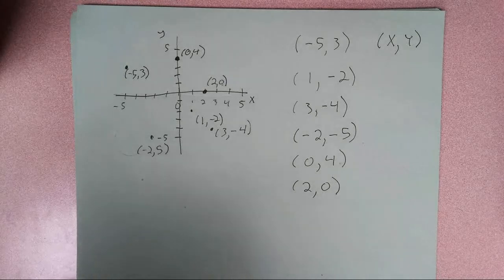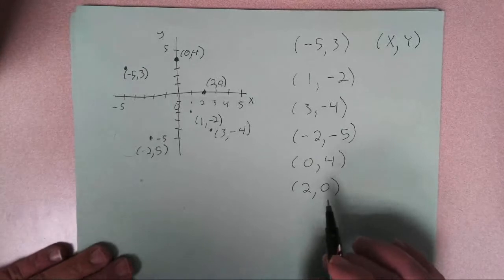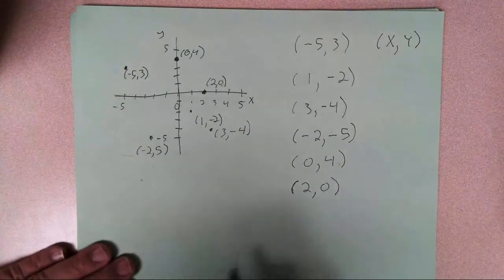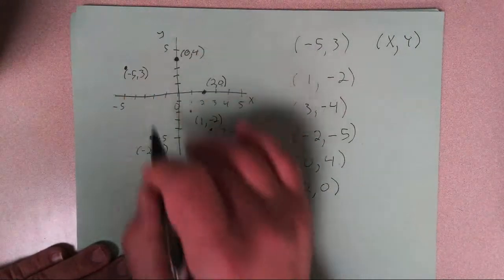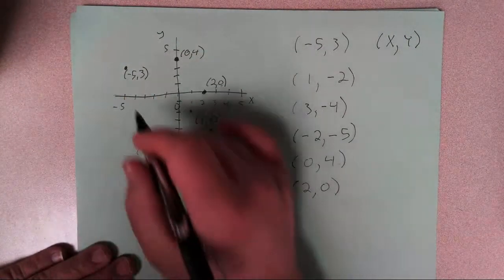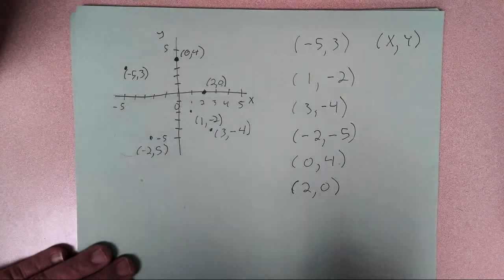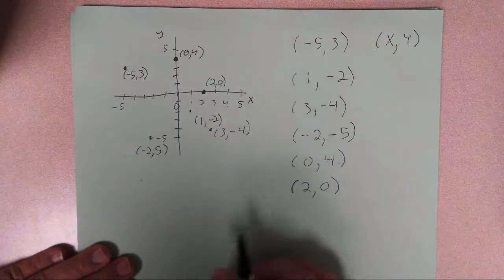I remember, math wasn't my favorite subject in high school, and I remember this idea of graphing points made a lot of sense, and it was fairly easy. It was when you started making graphs of lines and circles and things like that, that's when things got difficult. And we're not going to do a lot of that. You need to be able to graph these points because we're going to make scatter plots.